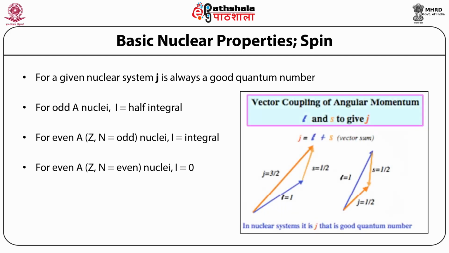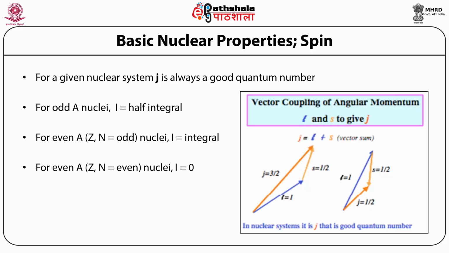On the left hand side, a vector diagram is given, and what this vector diagram suggests is that the total angular momentum in a nucleus is the sum of two angular momenta. We know that the protons are in motion like electrons in the atom. Since protons are charged particles in motion, they will have their own angular momentum within the nucleus, which is called the orbital angular momentum.